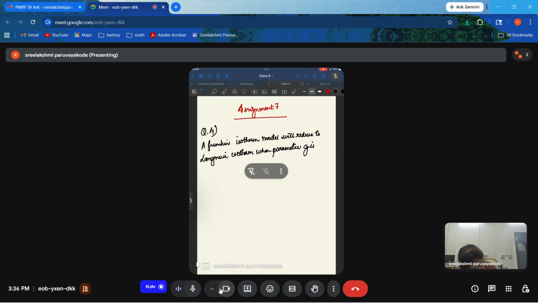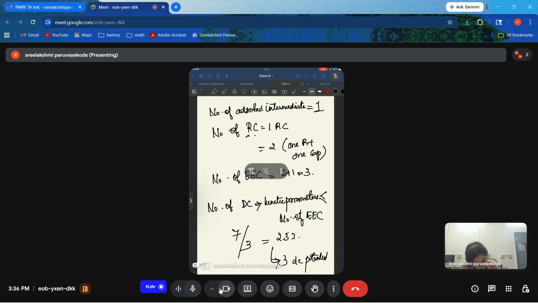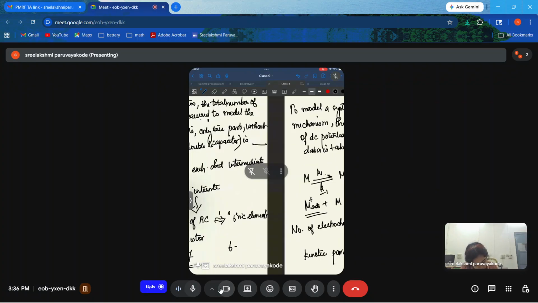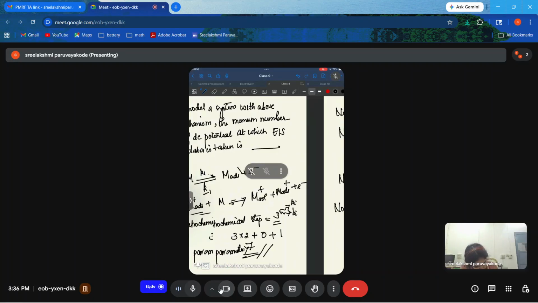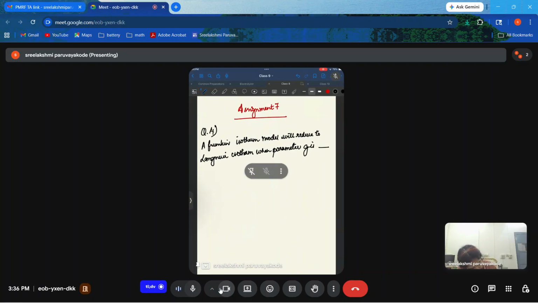So here you're supposed to tell which value makes the Frumkin model reduce to the Langmuir isotherm. We already know the expression. How is the Frumkin model different from the Langmuir model? It is based on the difference in the G.